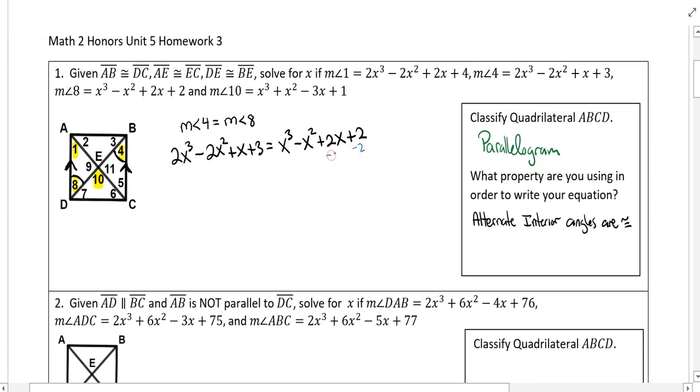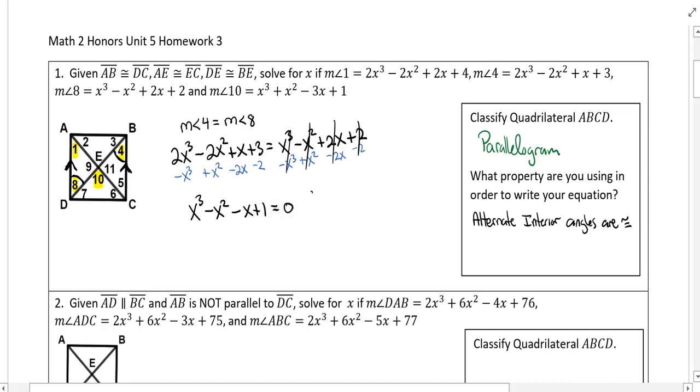I'll set the right side equal to 0 by subtracting or adding whatever is going to make it equal to 0. And we end up with x to the third minus x squared minus x plus 1 is equal to 0.